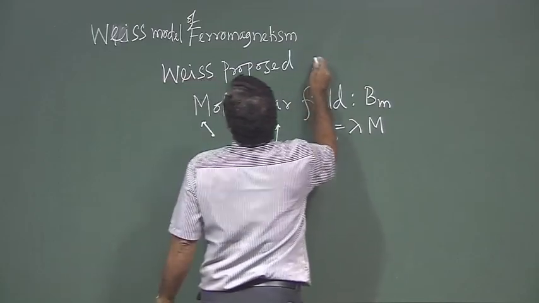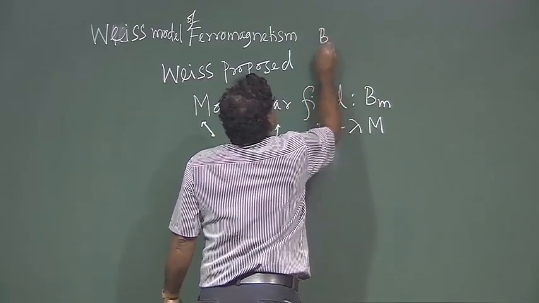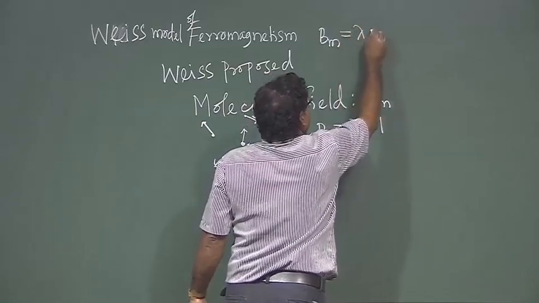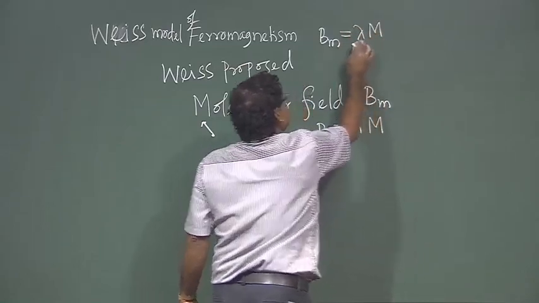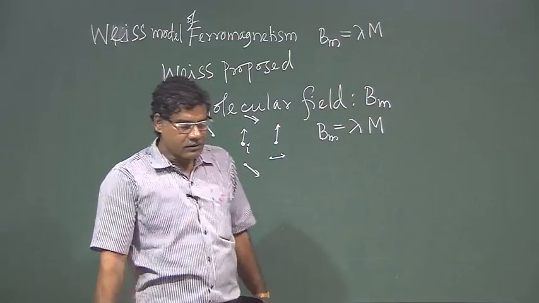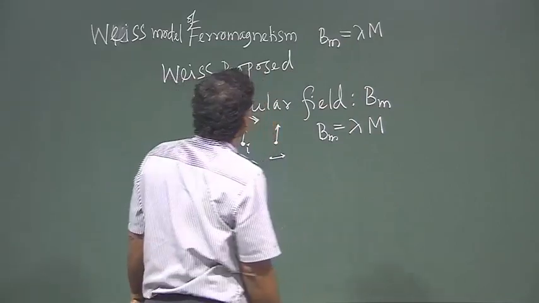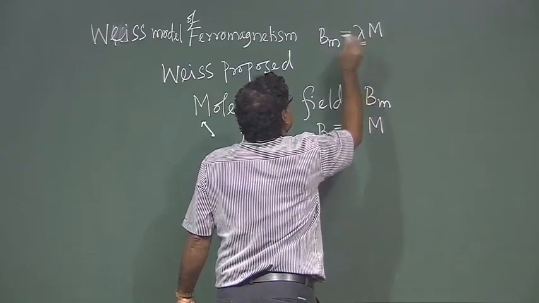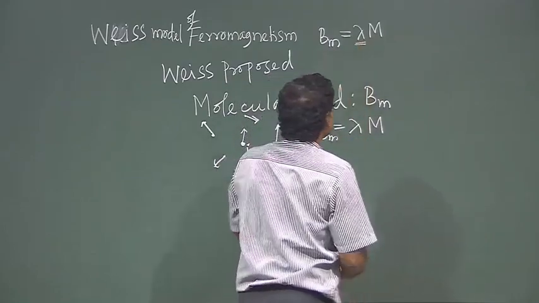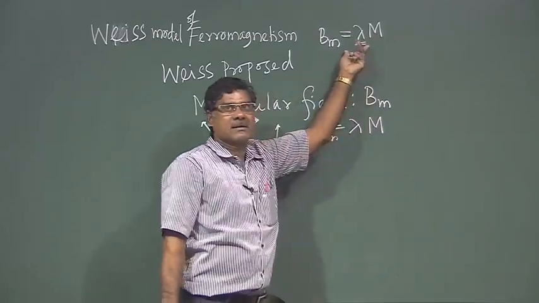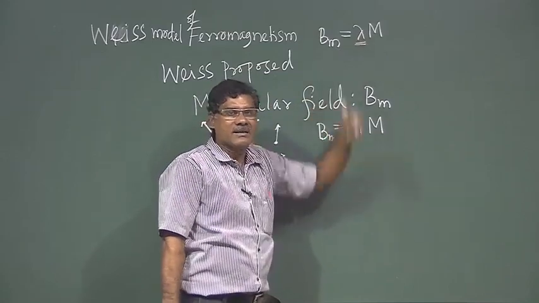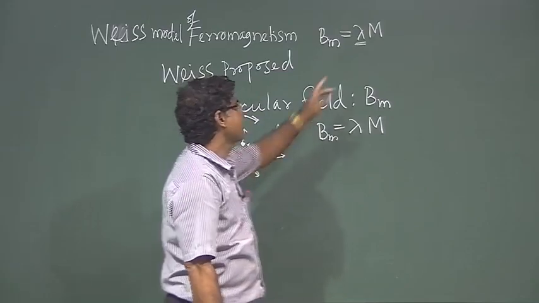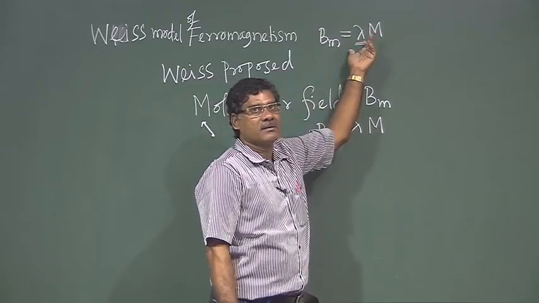Let me write here: the molecular field Bm is equal to lambda M, where lambda is a constant. It basically tells about the strength of the interaction among the dipole moments.